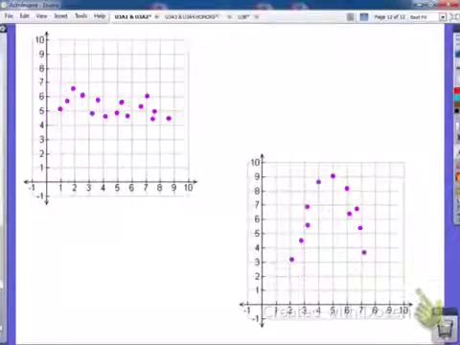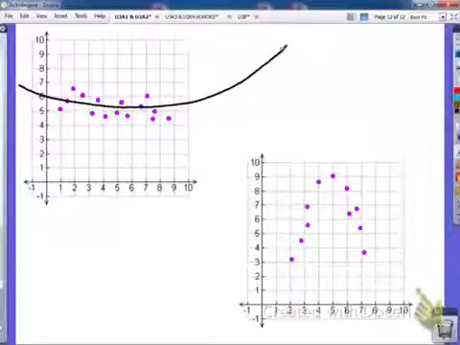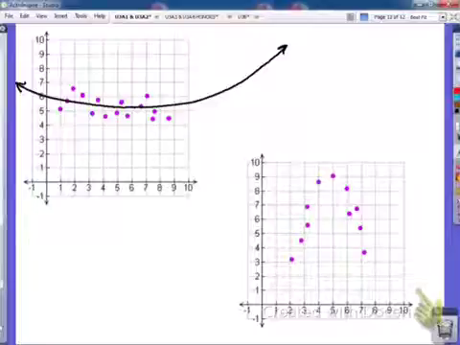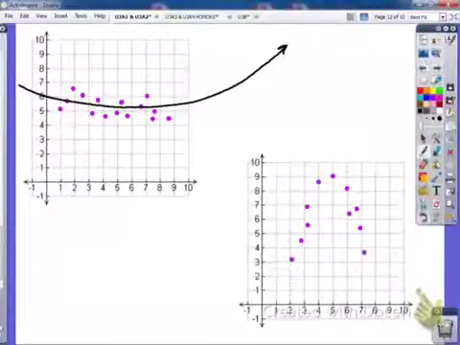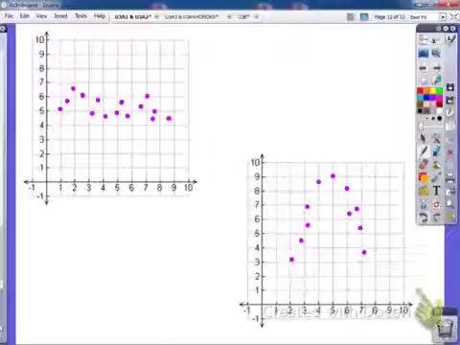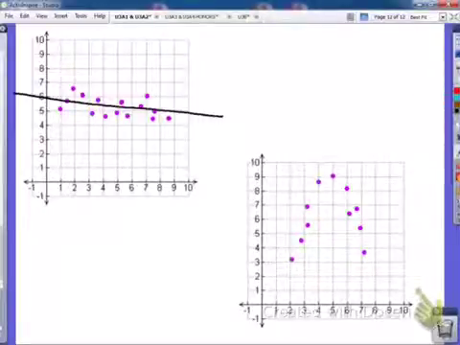Could you have a parabola that does this? Yeah? See what I'm saying? So it could be quadratic, but most people in this case would probably select linear.